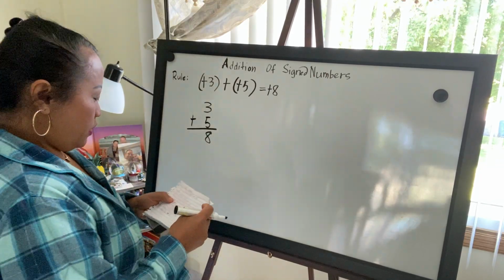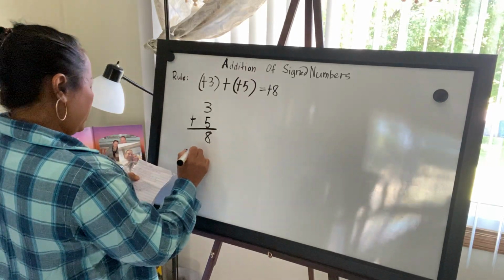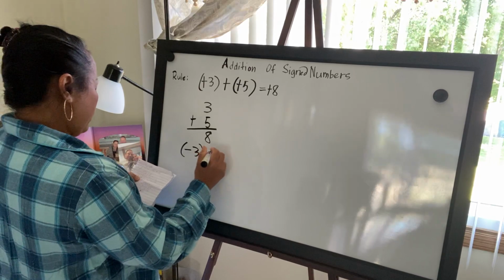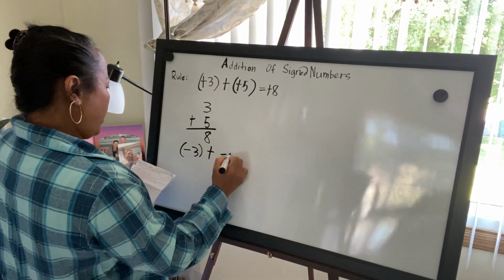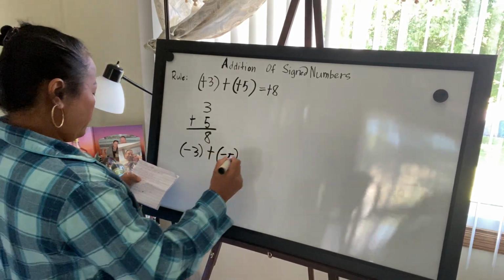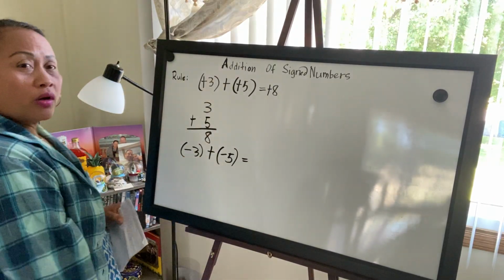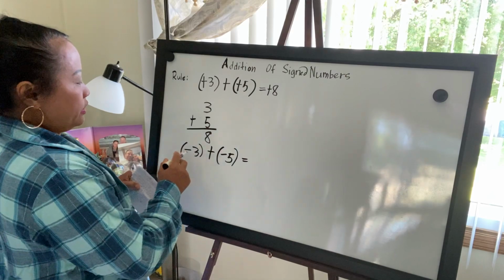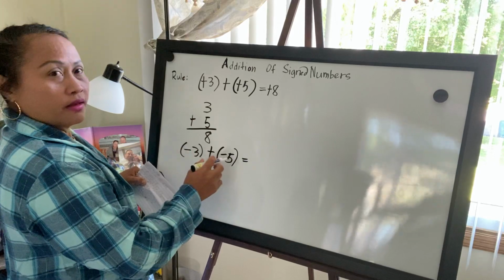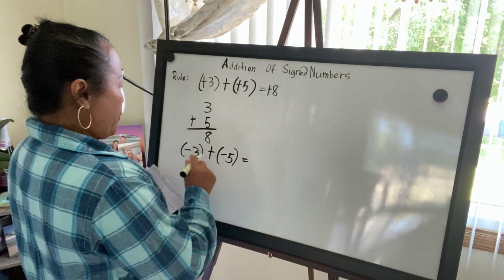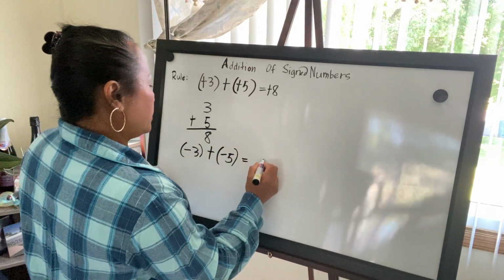Okay, another example. Negative 3 plus negative 5. Look at the sign. In addition, the same sign, we will add the numbers. 5 plus 3 or 3 plus 5 equals 8.